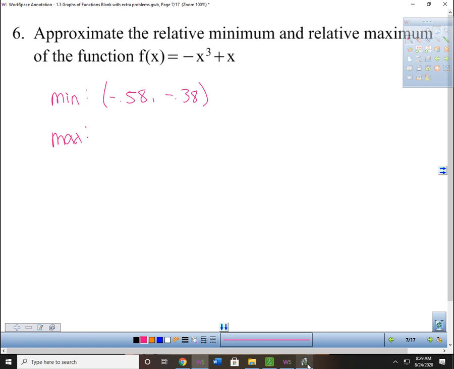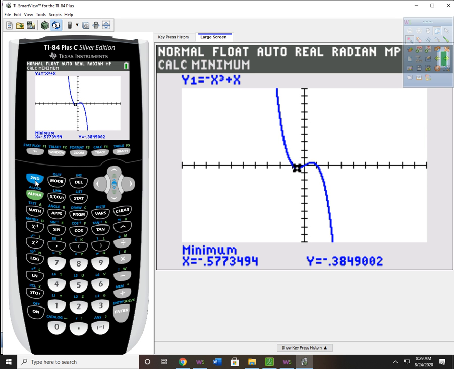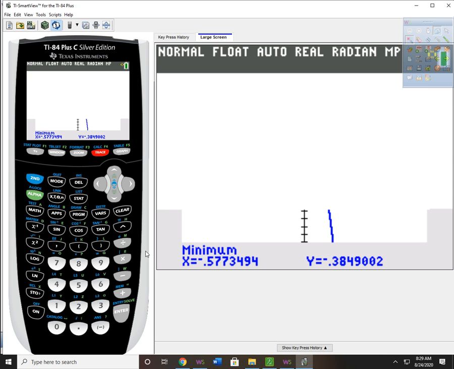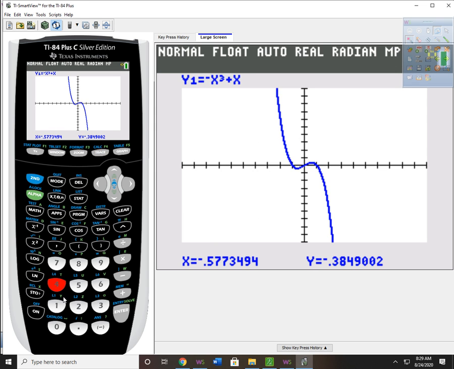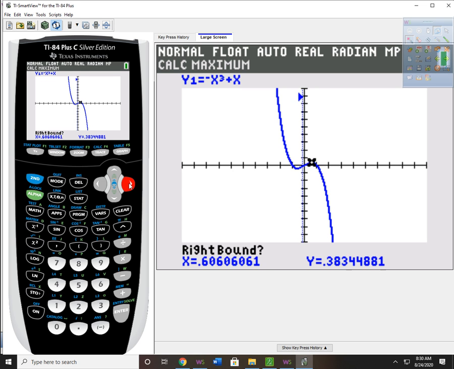You're going to do the same thing, but instead of choosing for your calculator to calculate the minimum, you're going to choose maximum. Same thing, it's going to ask you the same questions. Are you on the left side? I like to get a little bit closer, but I'm going to press enter. I'm on the left, and then it says, are you on the right? I'm not, but I'm going to move my little guy to the right.